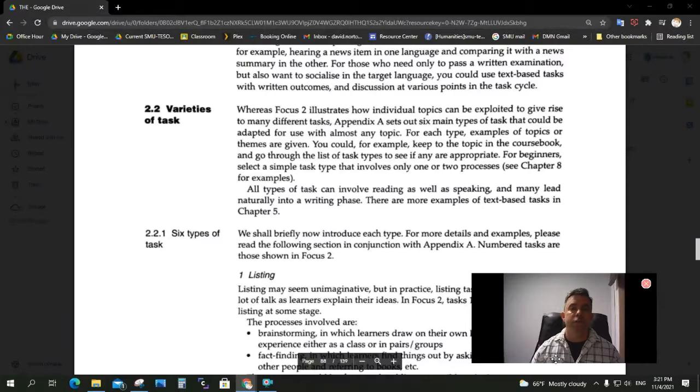Number 3, what's the role of meaning? As I mentioned with number 1, we're talking about this as a meaning-focused teaching technique, right? What's the role of meaning? Meaning is primary. And what that means is it's the main focus, right?